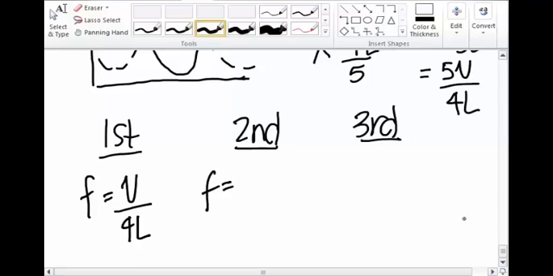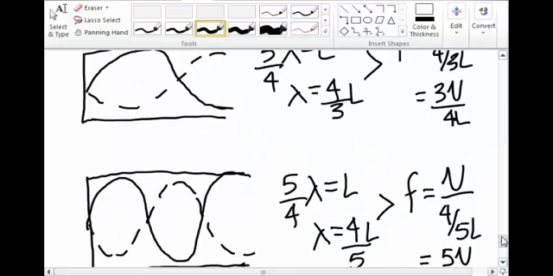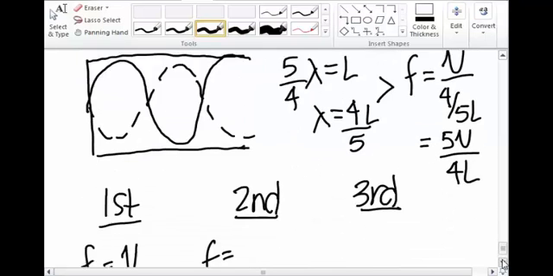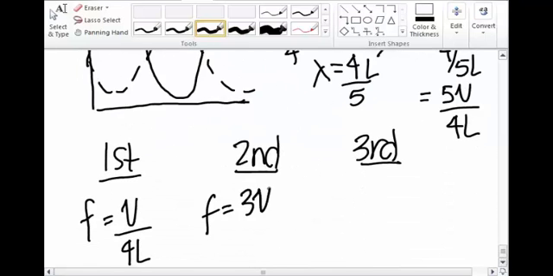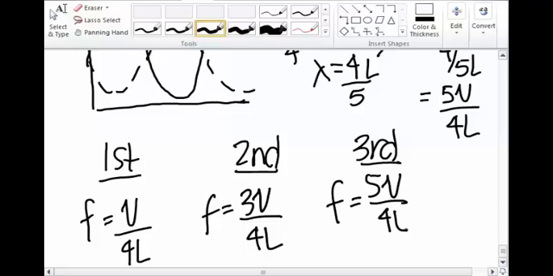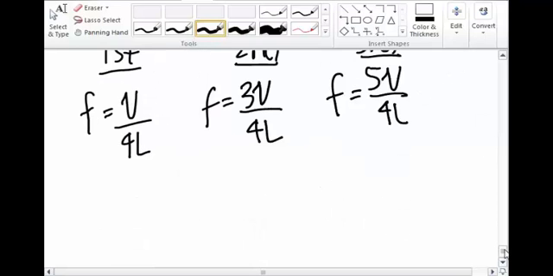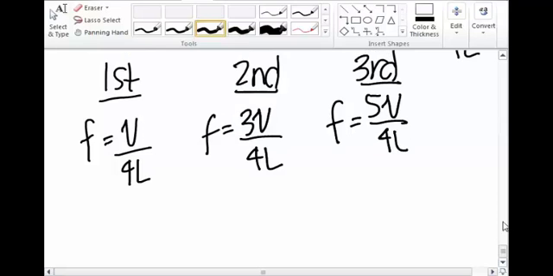And my second equation was 3V over 4L. My last was 5V over 4L. So do you see any relationships here? What about the bottom of this equation? They're all 4L. So any guesses about the top?